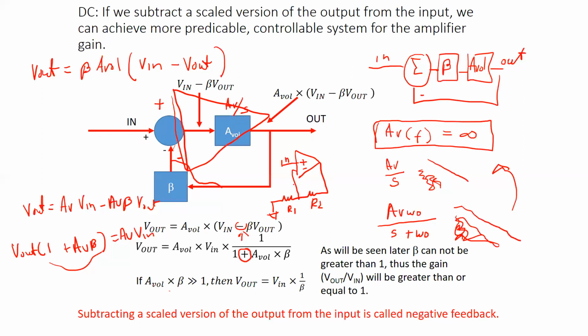How much signal gets fed back? Well, it's the voltage division. So beta is R1 over R1 plus R2, right? So if that open loop gain is really high, I get V in divided by beta, which was the voltage division, okay?